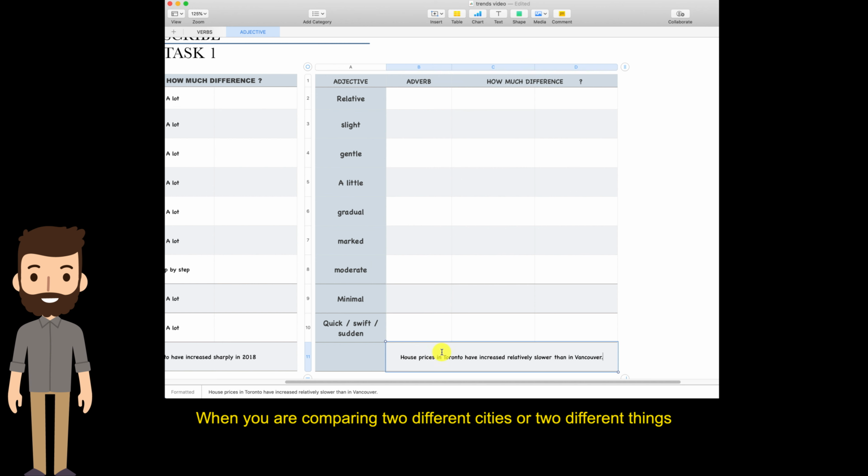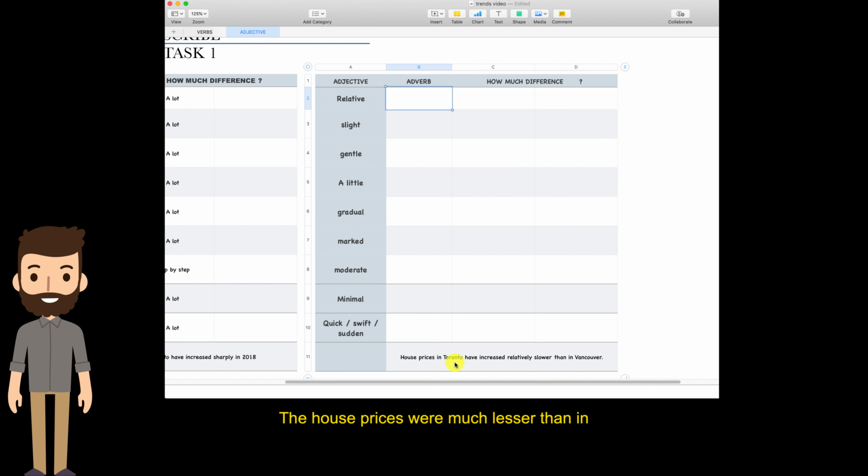Which means when you're comparing two different cities or two different things, you can use relatively. So it depends on those two. So for example, house prices in Toronto were much lesser than in Vancouver. The adverb, obviously, as you've seen below, is relatively. We're not going to talk about how much of a difference because it depends on the two things that you're comparing. It could be up, it could be down.